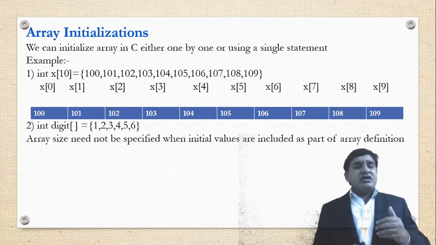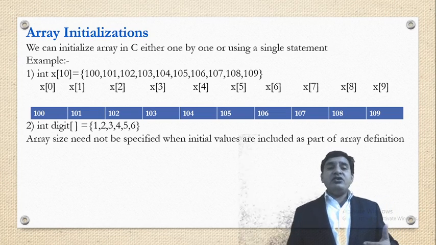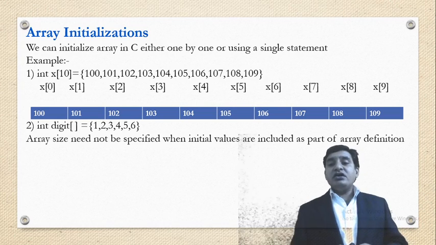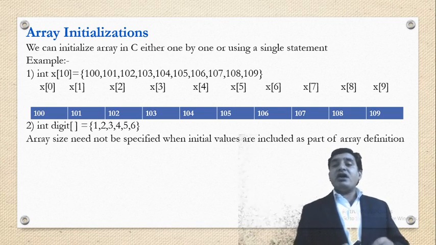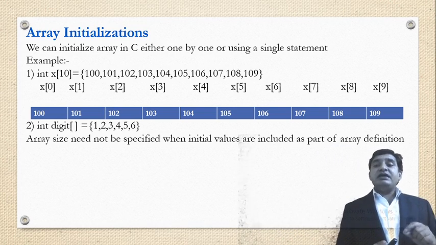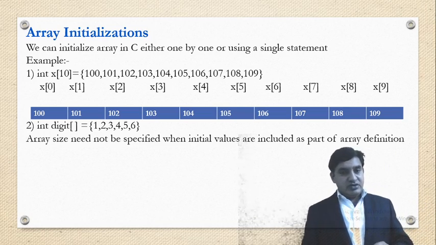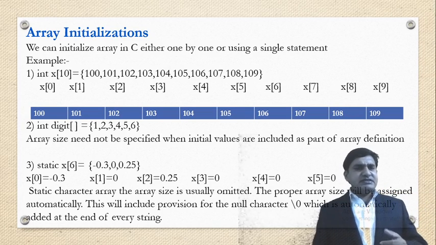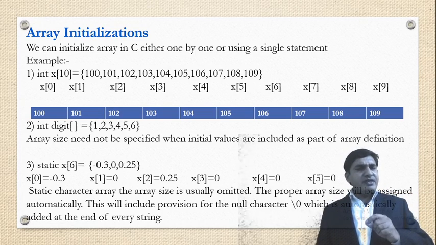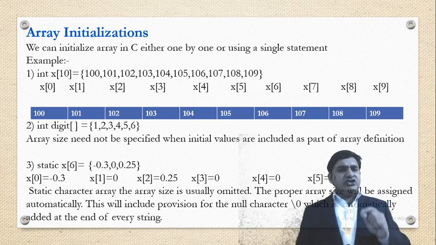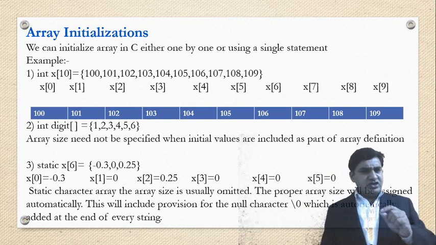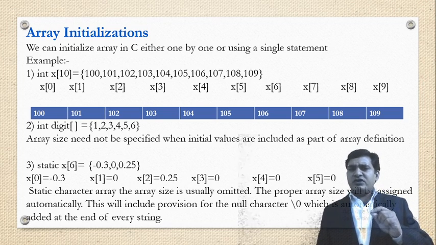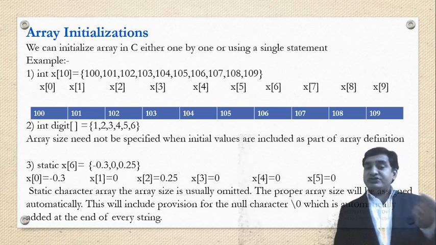Array size need not be specified when initial values are included as part of the array definition. So digit[0] is 1, digit[1] is 2, digit[2] is 3, digit[3] is 4, digit[4] is 5, and digit[5] is 6.